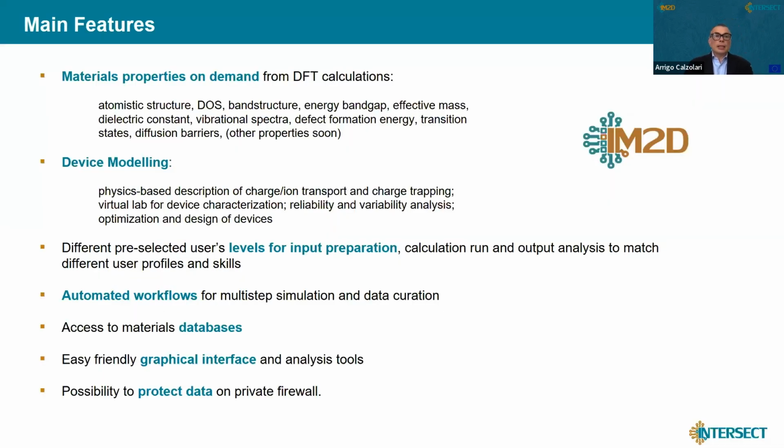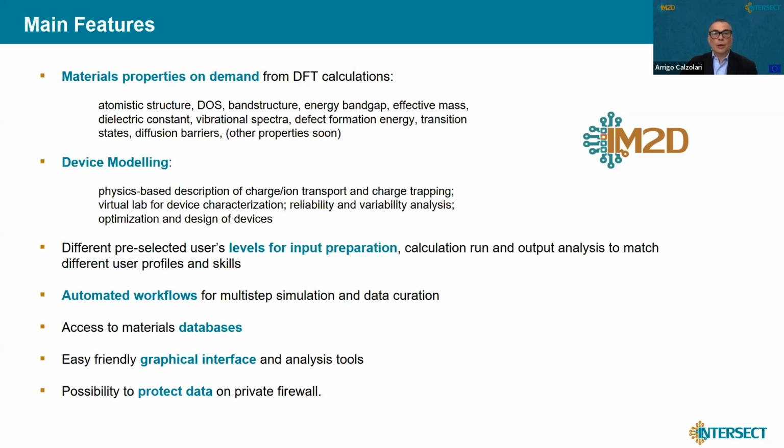This is a list of the main features that at present are implemented in our IM2D. There are a few from the material properties characterization from DFT. As we have seen in Matteo's presentation, a few are quite intuitive or simple to get, such as the atomic structure, the band structure, or the band gap.